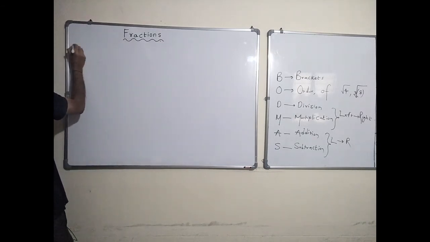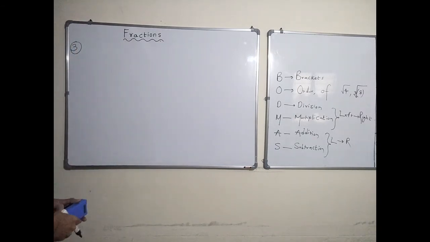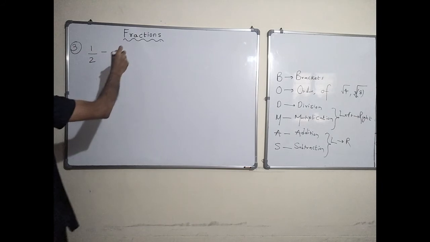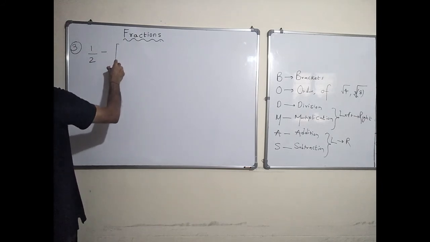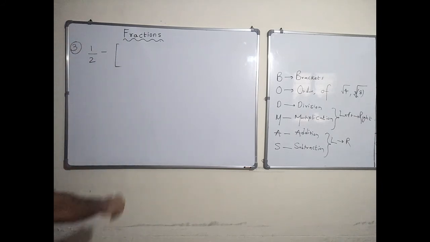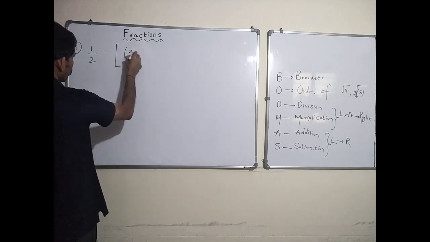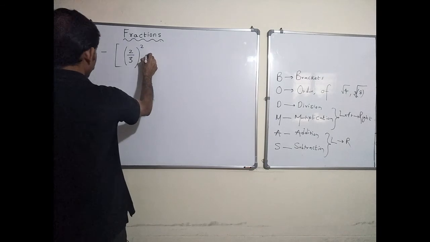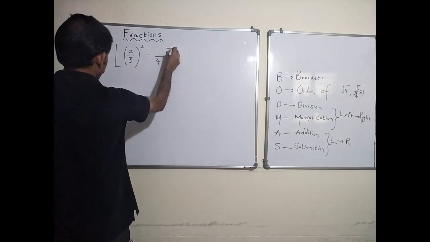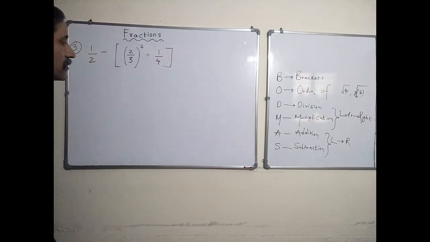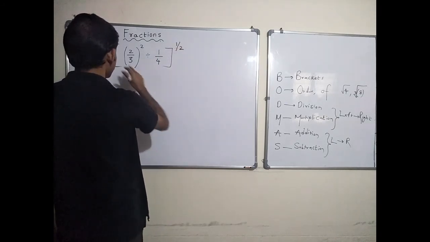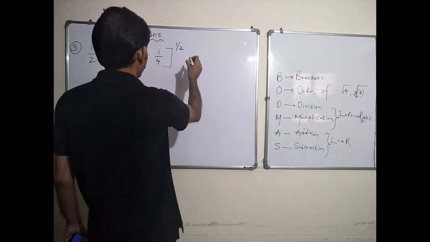The third part. Half minus square bracket, 2 by 3 square, minus 1 by 4, raised to half, that is nothing but square root actually, into half.